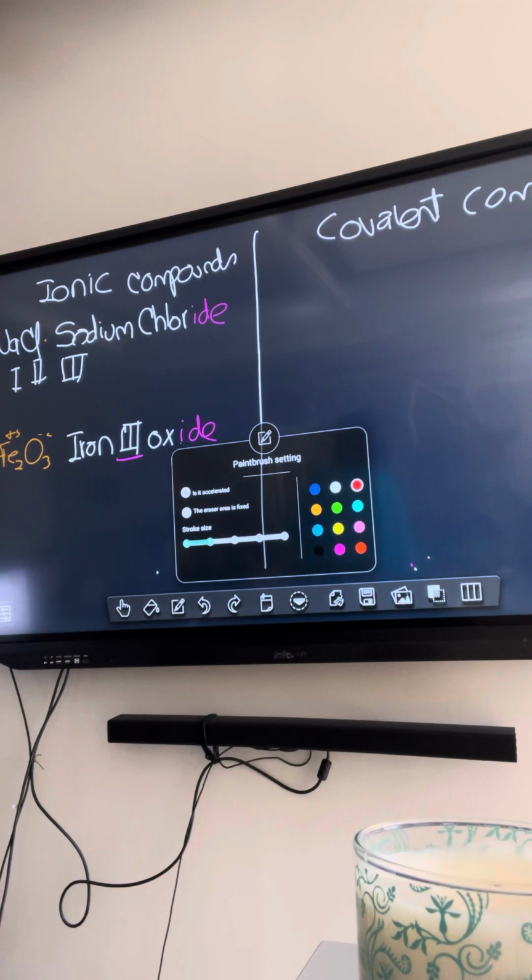Zinc is plus 2. And the one diagonal to that is silver, and silver is plus 1. Those are plus 3, plus 2, and plus 1. Everybody knows aluminum, but you need to look at the diagonal. They should have a little yellow highlight on the number. That's how I show people that they have plus 3, plus 2, plus 1.